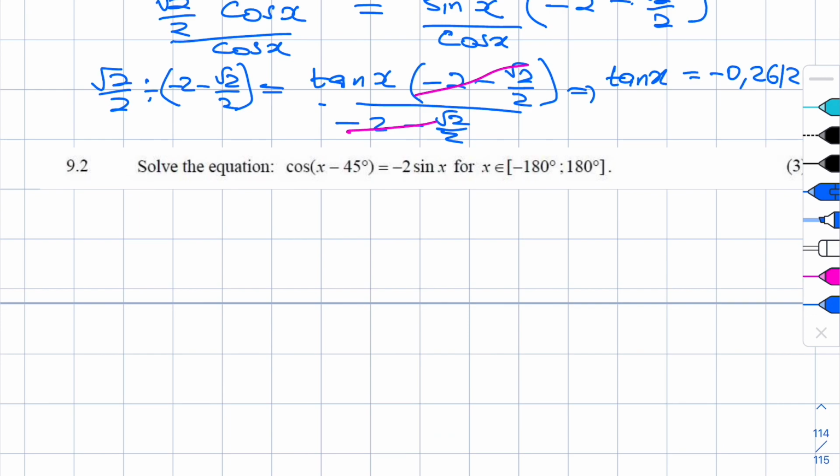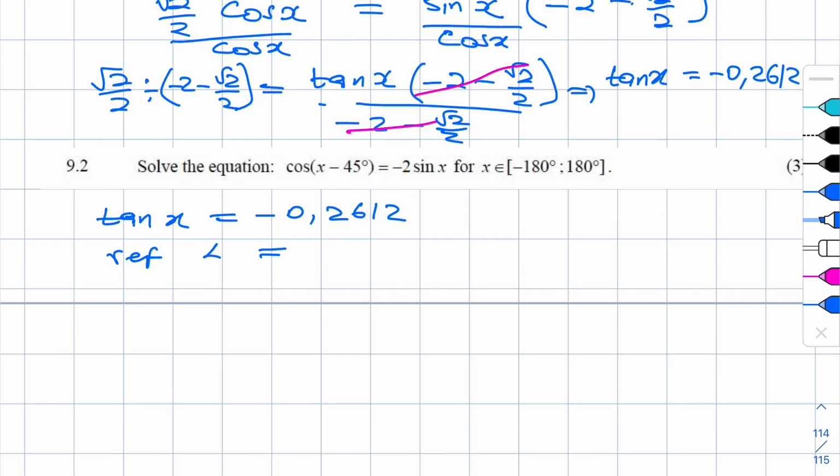So I'm just going to write tan x is equal to negative 0.2612. Then I get a reference angle, which you're going to say shift tan, but you don't put the negative on the calculator. The negative is just telling us the quadrant.